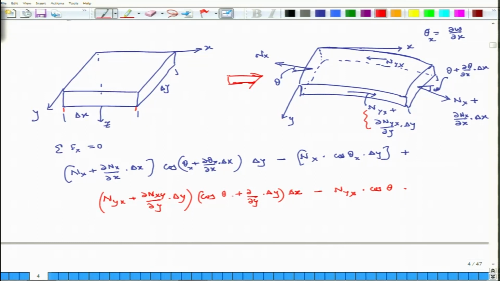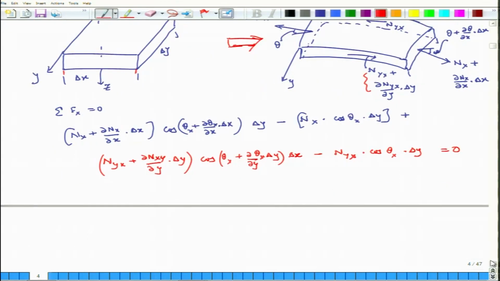So, this will be theta x, and this will also be theta x, and there will also be delta x, yeah, and this cosine is of this entire angle. So, this entire thing should be 0. This is what it means.